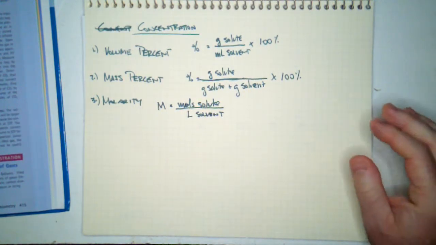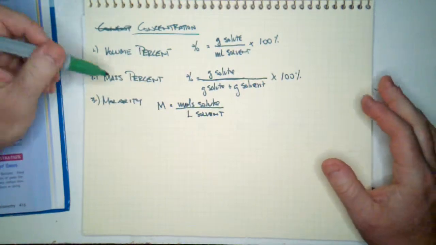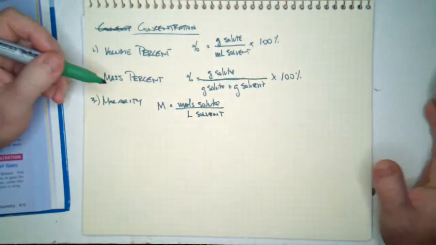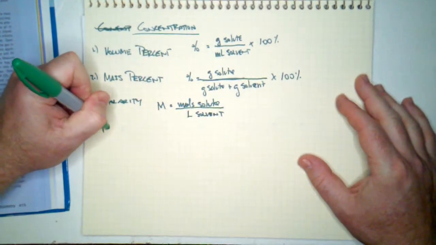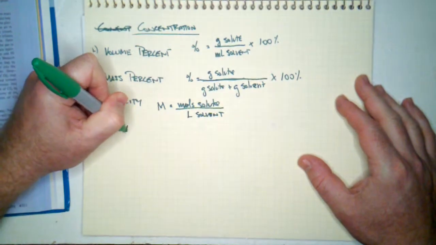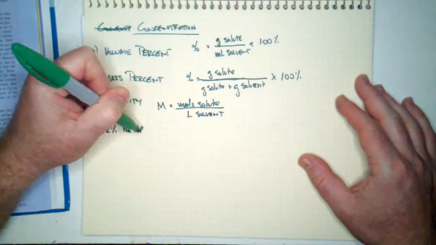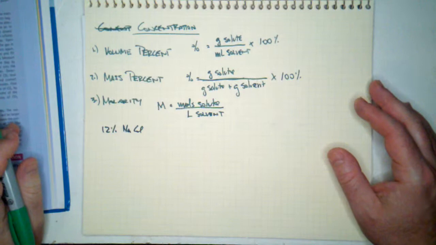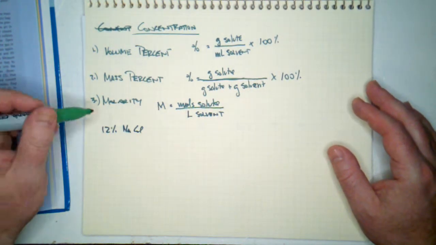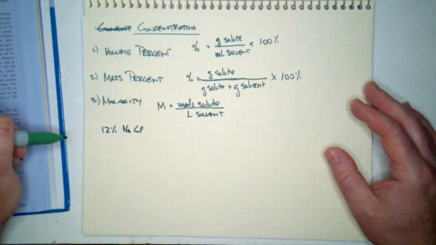So let's say we'll make a solution that's 12% salt, 12% sodium chloride. Let's say we were to do this 3 different ways.